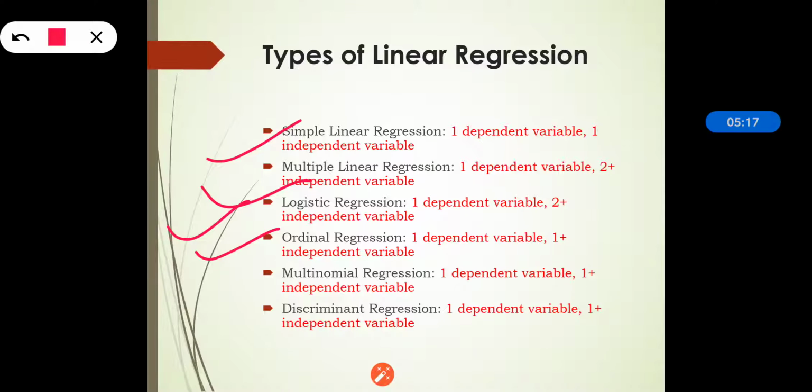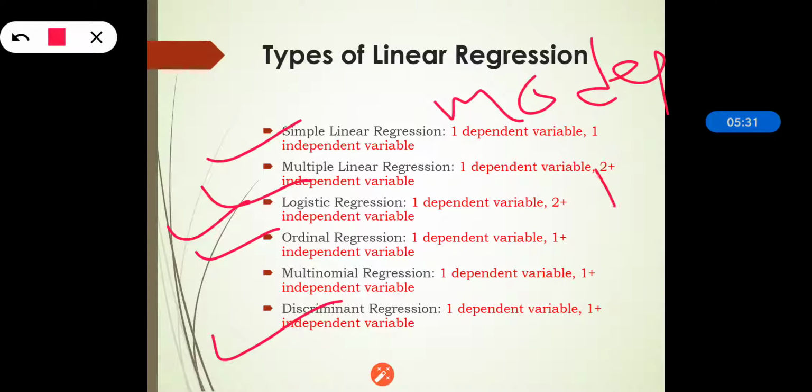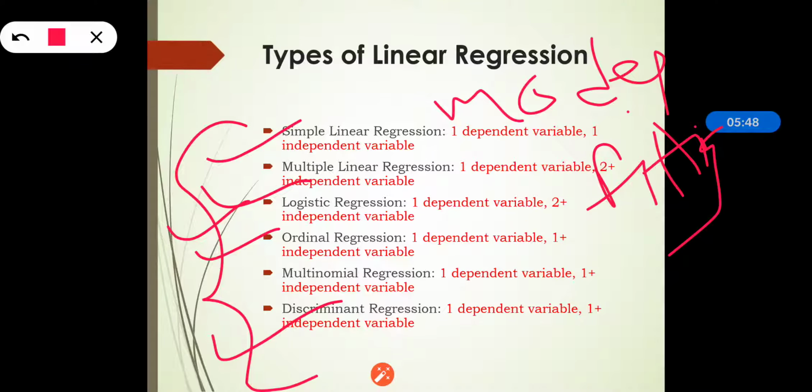In discriminant regression, one dependent variable and one or more independent variables. When selecting the model for analysis, the important consideration is model fitting. Adding independent variables to a linear regression model will always increase the variance of the model. So we can select the model for analysis according to model fitting from all these types.